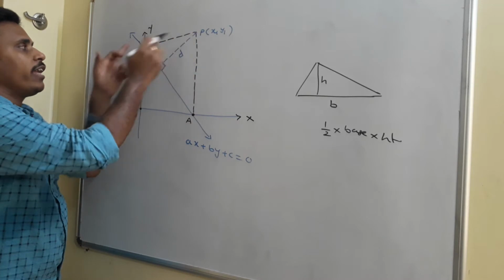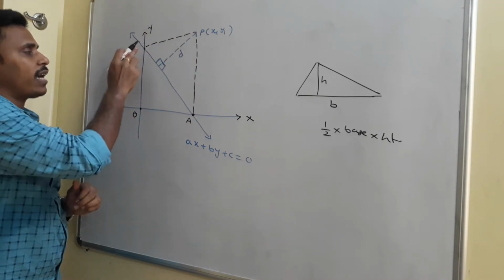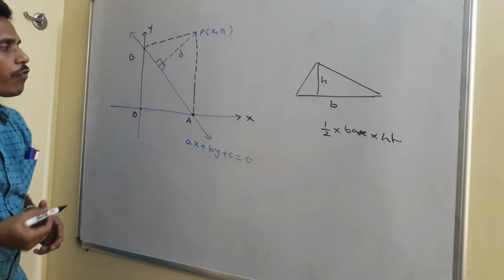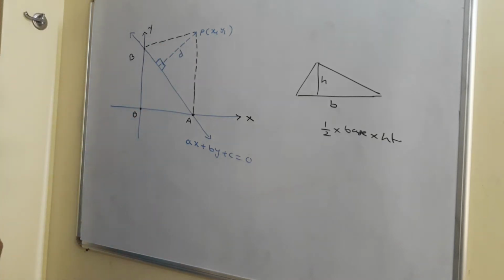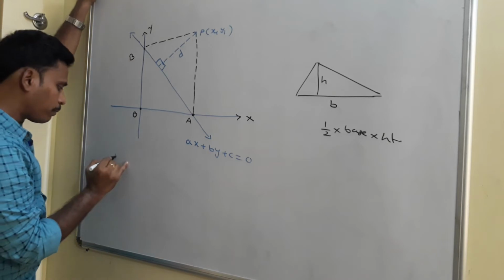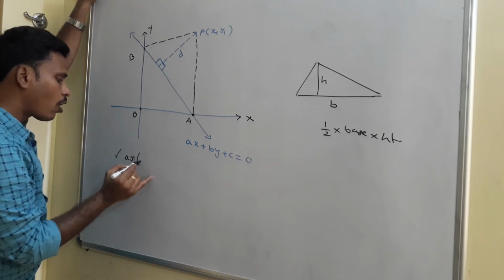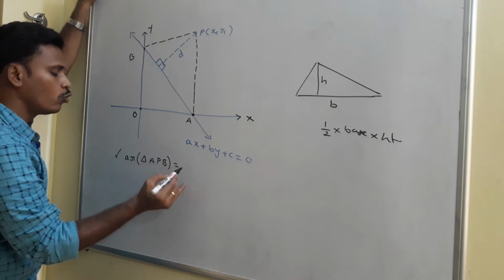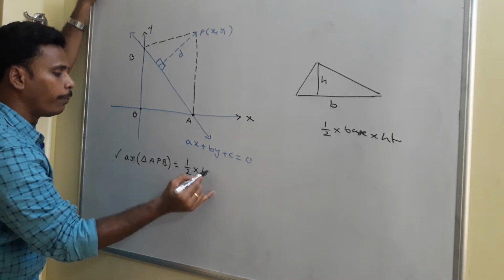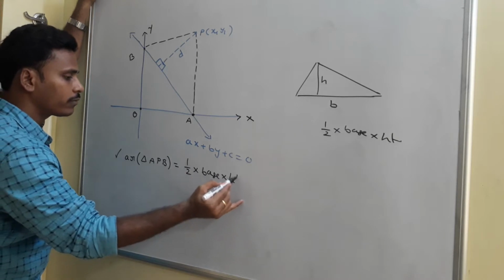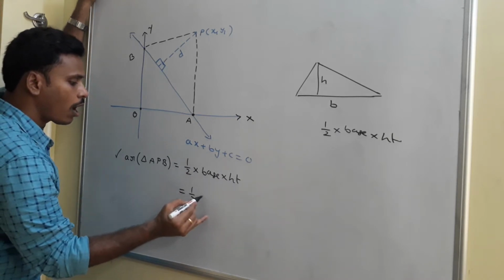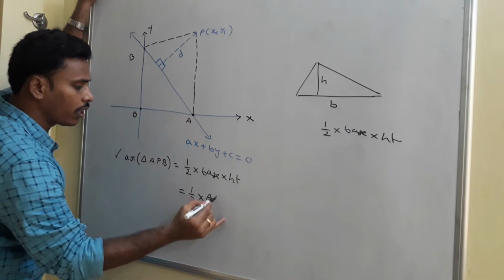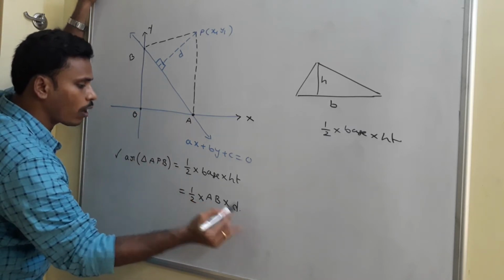And for the triangle APB, base is AB and height is d. So area of the triangle is half base into height, half AB into d. I will write it like this. So area of triangle APB is equals to half into base into height, and that is equals to half into AB into d, where base is just the distance between A and B and height is what we are going to find.